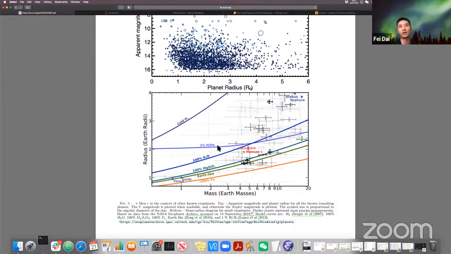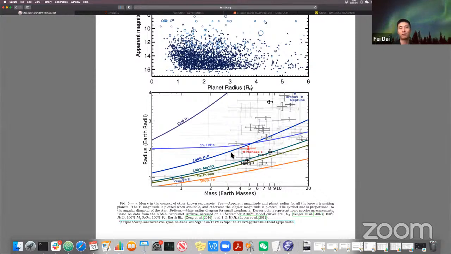And this 1% hydrogen helium curve assumes that you have a planetary core of Earth-like composition, on this green line, on top of which you also put 1% by mass hydrogen helium atmosphere. So if you look at Panmasis C, that's roughly 5 Earth masses at about 1.9 Earth radii, or right about 2 Earth radii. So this planet actually has some degeneracy in its composition.